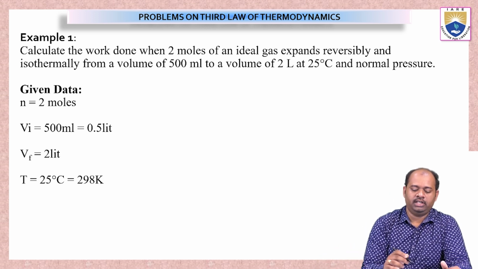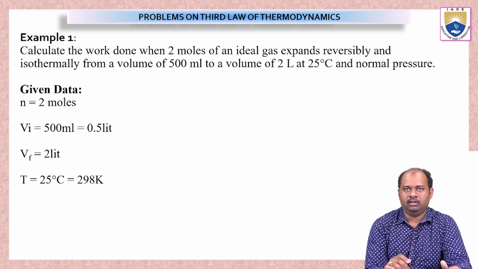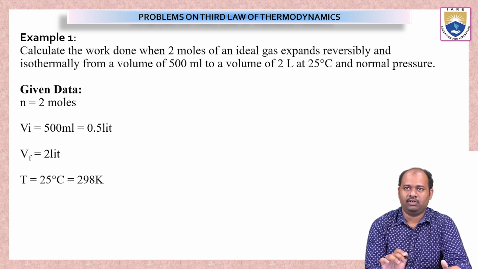The given data is 2 moles of an ideal gas expanded reversibly and isothermally. We know what an isothermal process is. It is a constant temperature process, and a reversible process is the process in which the initial and final states are equal.